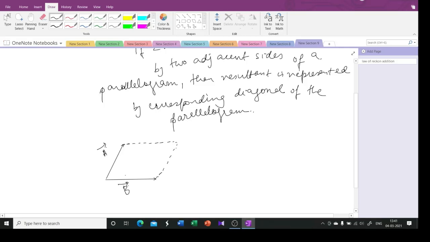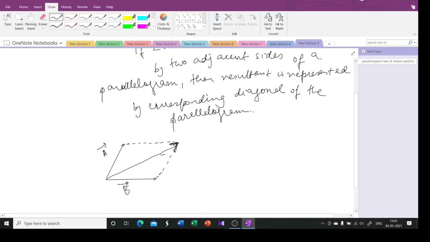Alright. So now the resultant of A and B vector is simply the corresponding diagonal of the parallelogram. That is this one. Basically, as you can see, it's a simple application of the triangle law only.